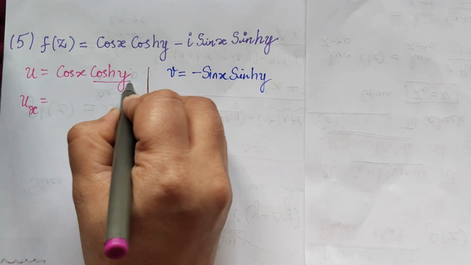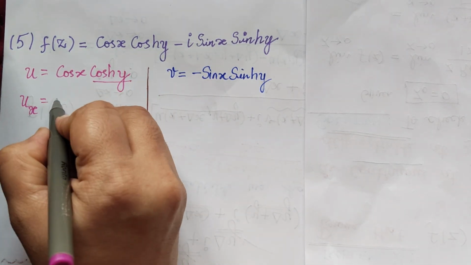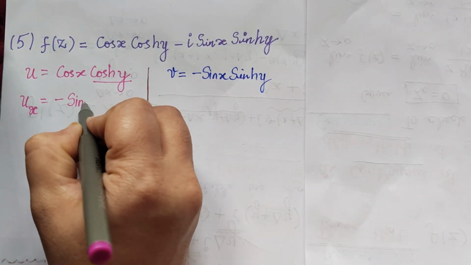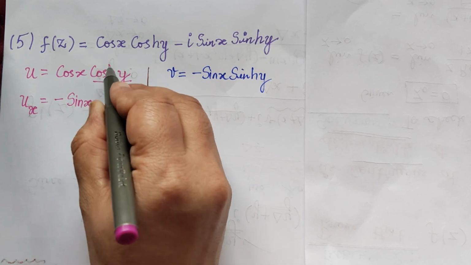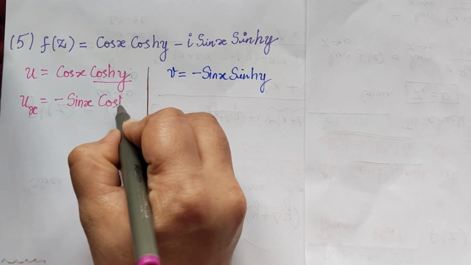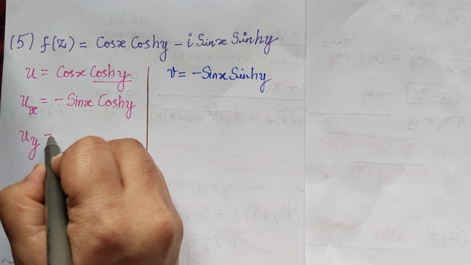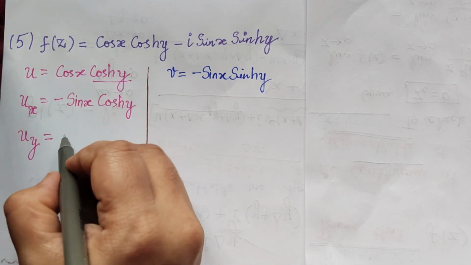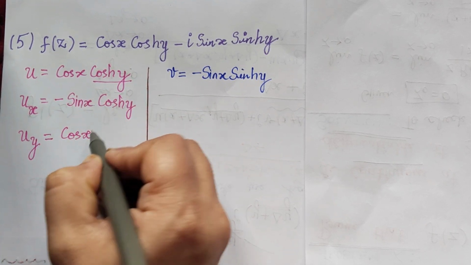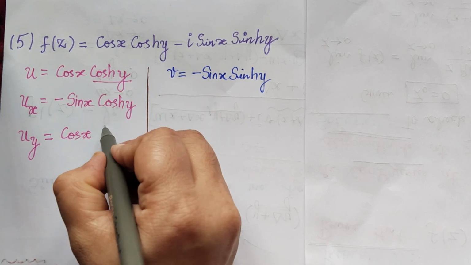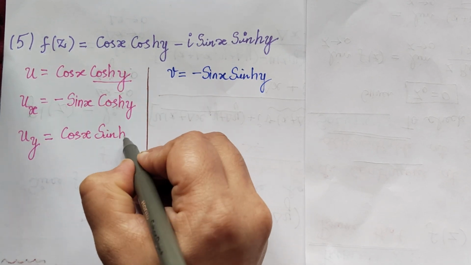Now y will be treated as constant. Differentiation of cos x is minus sin x. Since this will be treated as constant, it will come as it is. Next we will differentiate with respect to y. So uy is equal to cos x will come as it is. And what is the differentiation of cos hy? It is sin hy. I have already told you that.